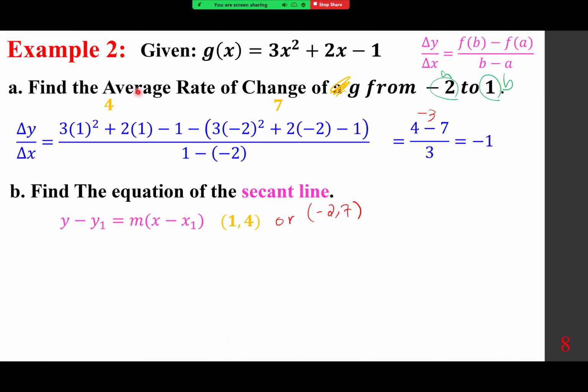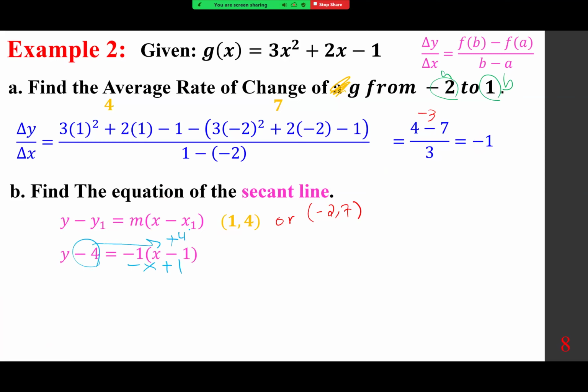Either 1, 4, that's a pair, right? Or -2, 7. Either way is fine. So y minus y1: y minus 4 equals m, which is negative 1, times x minus x1, that means x minus 1. You distribute, you get minus x plus 1.